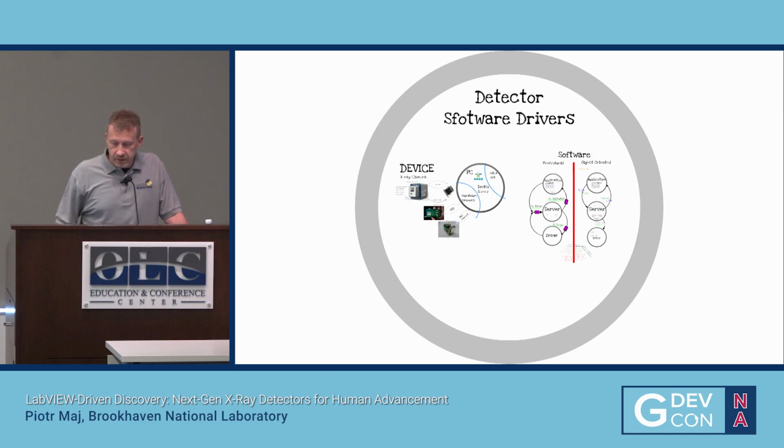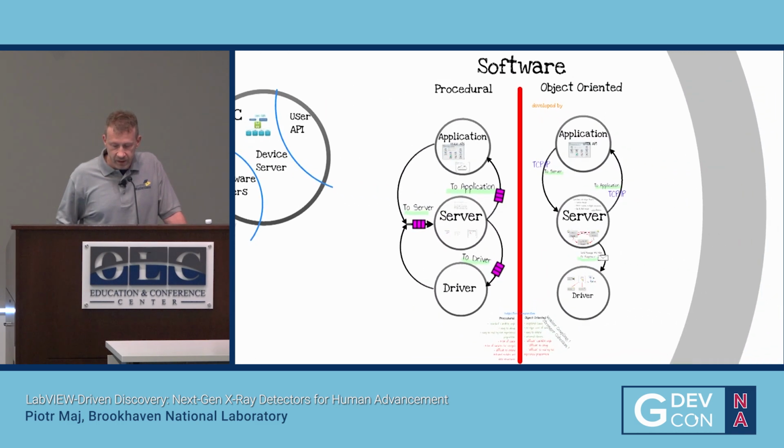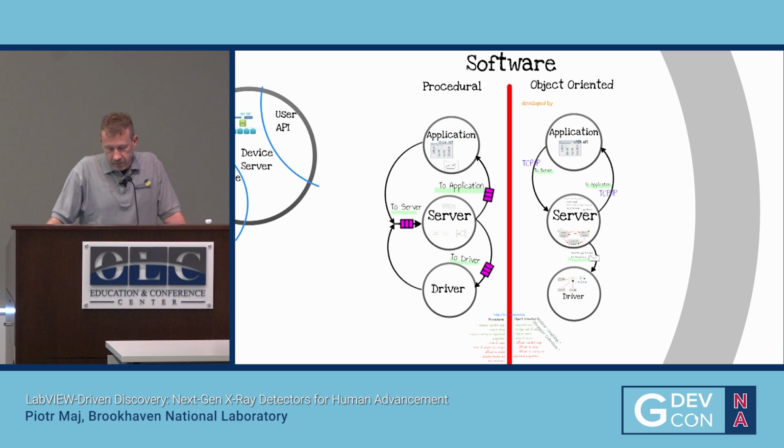It started slowly. At the beginning, it used the frame grabber card. Now it's multiple frame grabber cards. What the software does, it provides the interface between the camera and the user. Not only does it have a standalone application, but it also provides a user API for everybody to write their own software.